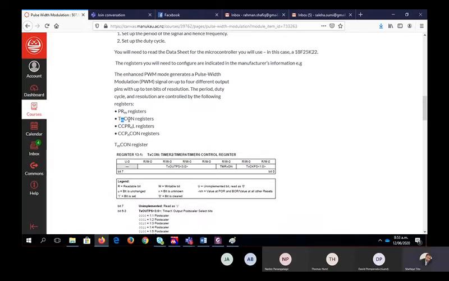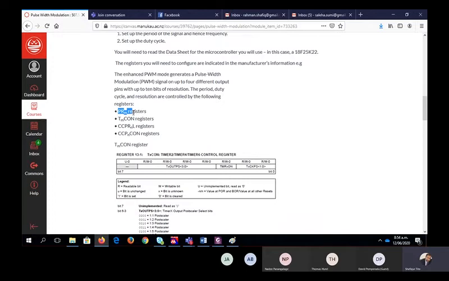So I need to configure a register that is called PR, and this M indicates which timer I will be using. So that means this register is directly related to the timer that you are going to use for this period, and you need to configure this register to configure the period of your signal.